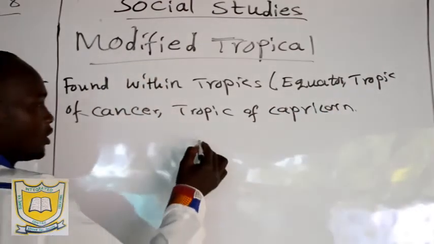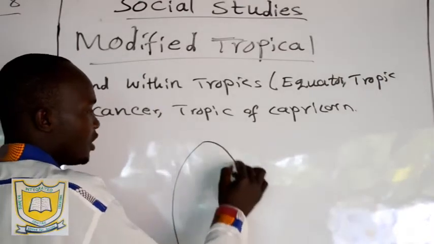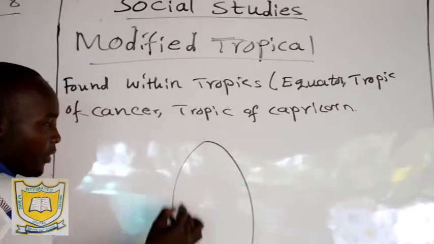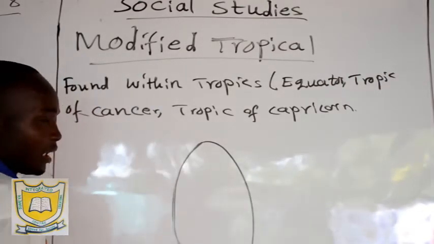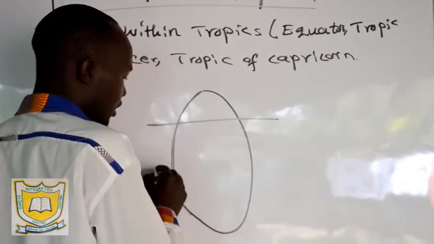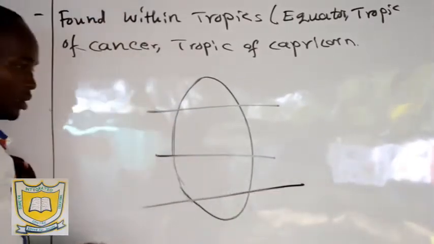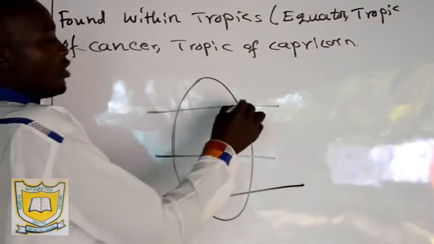For example, this is the world globe. So we say this one is what we call the Tropic of Cancer.